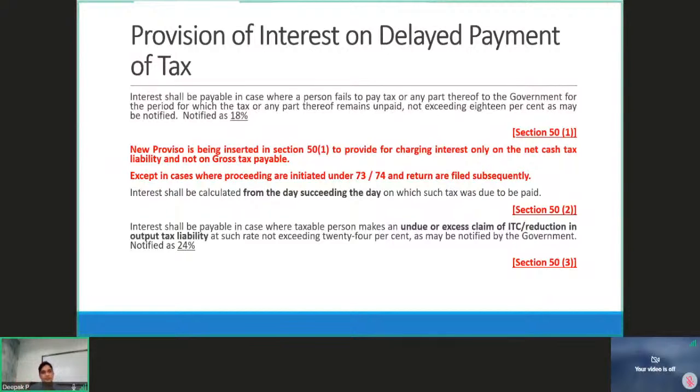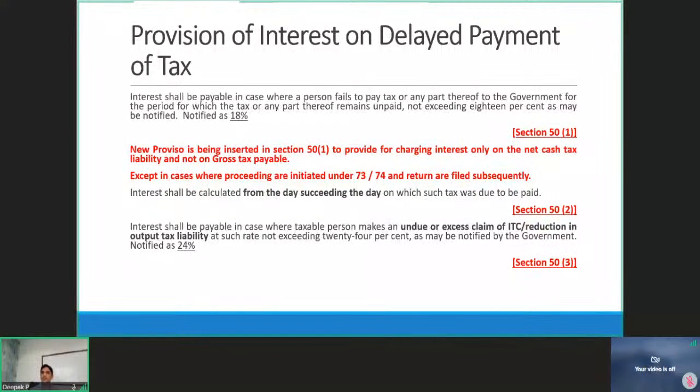Now there is a new provision, which is inserted to provide for charging interest only on the net cash tax liability and not on the gross liability. I have a liability of 1 lakh on my sales. Now I have not filed my returns. Once I file the returns, I will lodge the credit also.